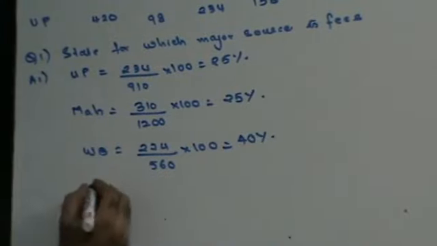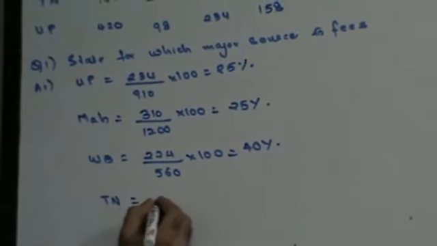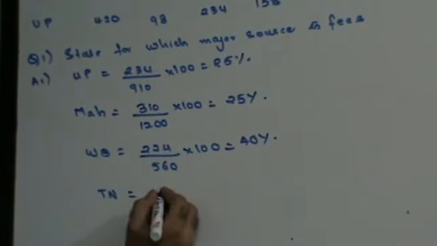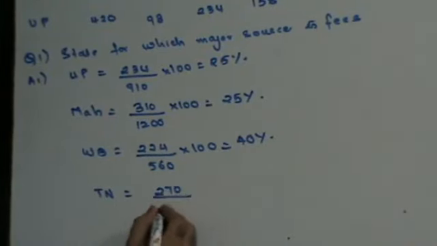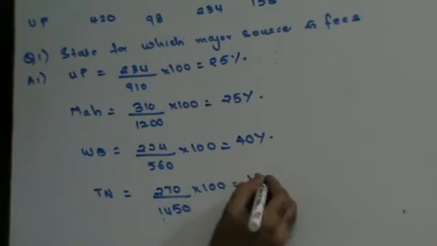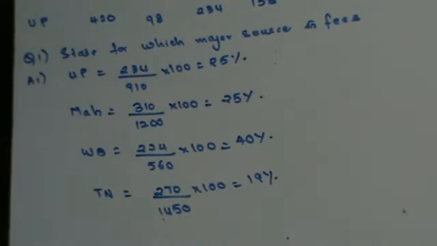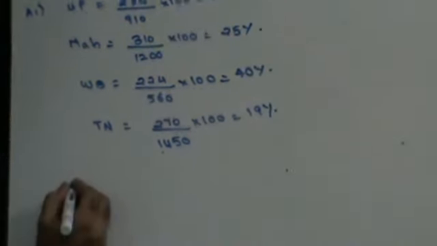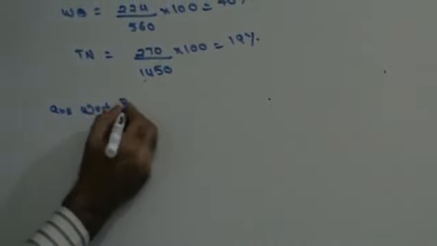And if I consider Tamil Nadu, fees is 270, total collection 1450 into 100, which is approximately 19%. Right? So the state where the major source is fees, answer: West Bengal.